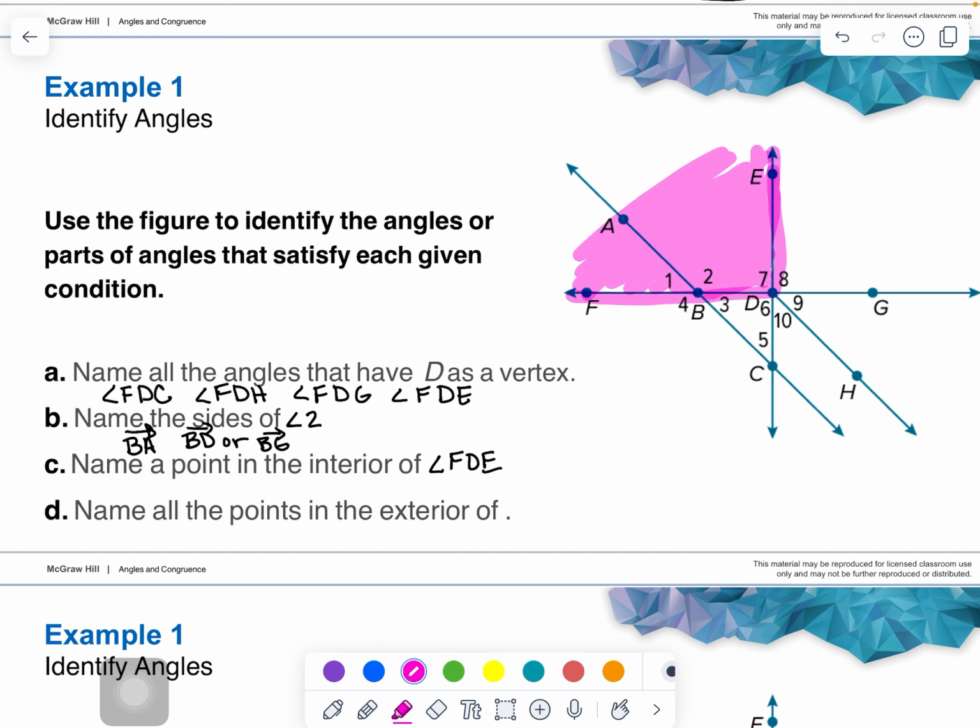What points do I have in the interior? Well, F, B, D, and E are on that angle, but in the interior, I only have 1 point. Oh, and that's in the wrong spot. There we go. Put that up there. A.